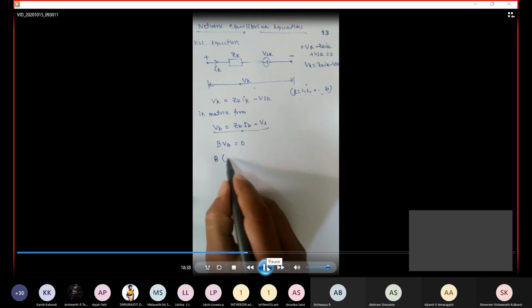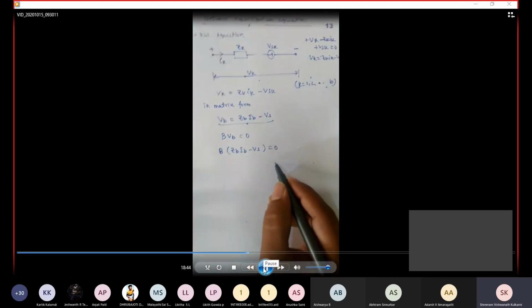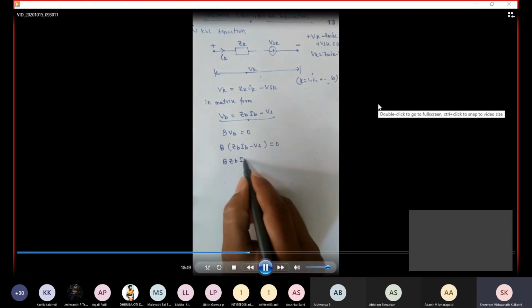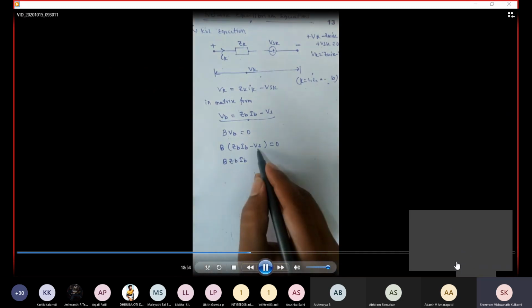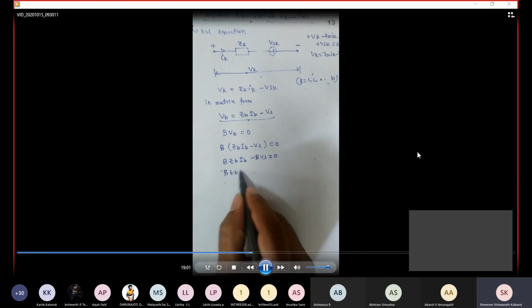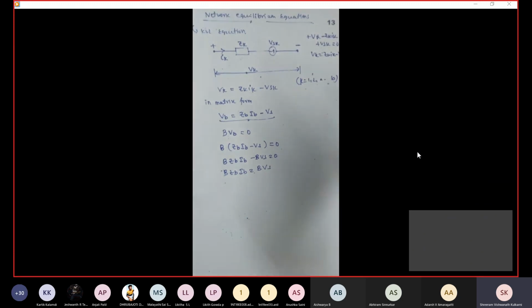B into Zb Ib minus Vs. Now it's coming equal to 0, right? Yes, sir. Okay. With this, B Zb into Ib, then B into Vs minus B Vs. If B Vs equals to 0, B Zb Ib equals to B Vs, where B is the tie set matrix.